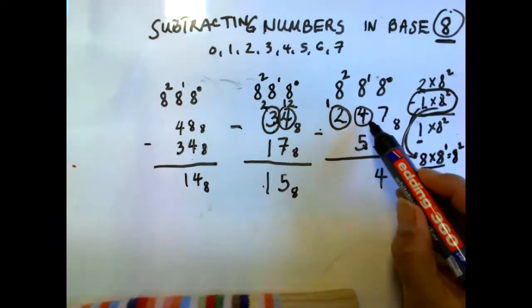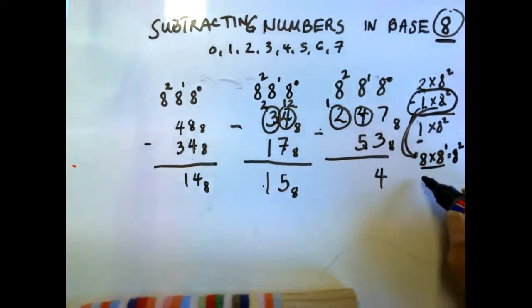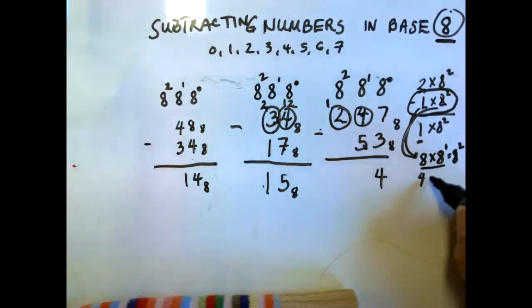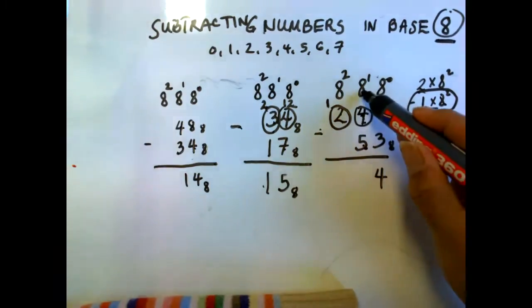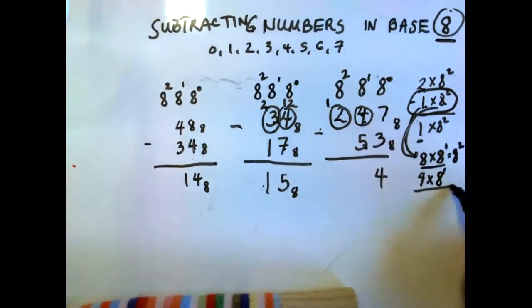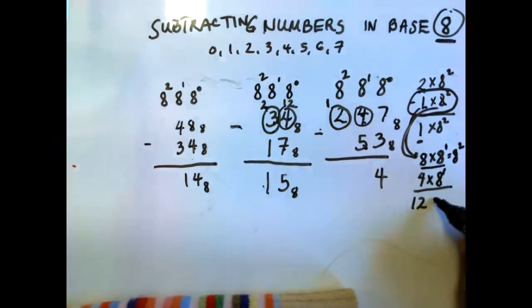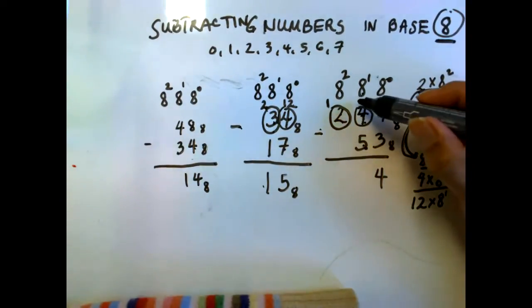We add this to the 4 groups of 8. So all we have now is 12 groups of 8, and that's what we're going to put in here.